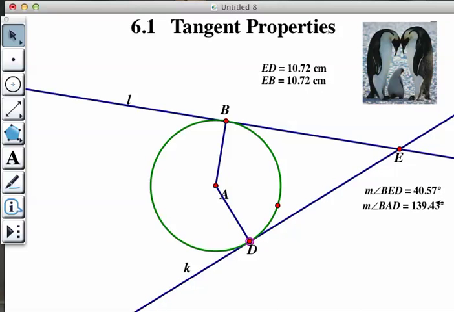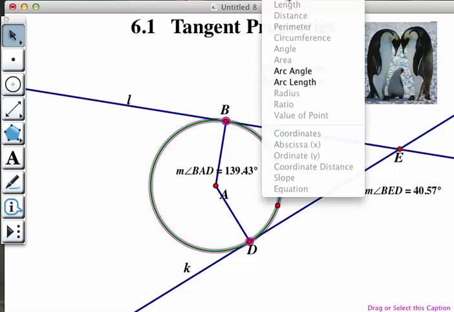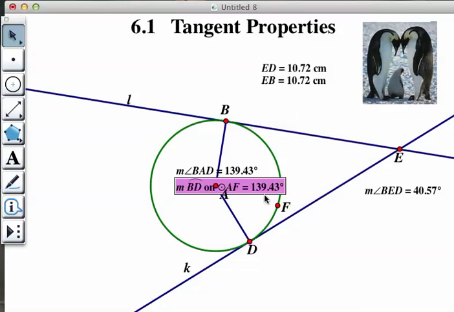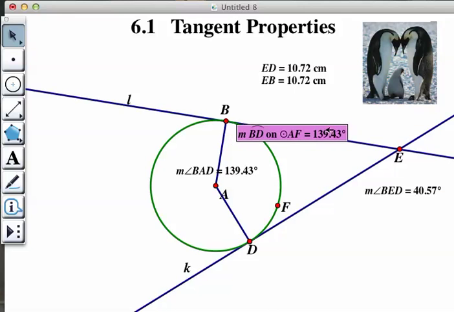But if you add those two up, you get 180 degrees. And knowing that this central angle BAD is 139.43 degrees, let's see what arc BD's measure is. It's also 139.43 degrees because the measure of an arc on a circle is equal to the measure of the central angle that intercepts it.